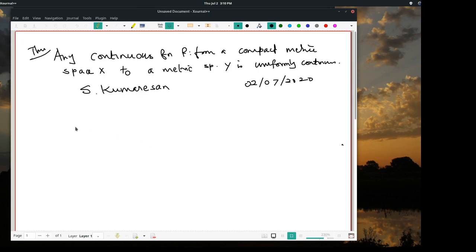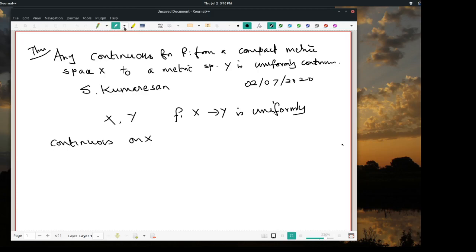Okay. First, let us recall. Suppose I have two metric spaces X and Y, and a function f from X to Y. And I say this is uniformly continuous on X. Both X and Y are metric spaces.